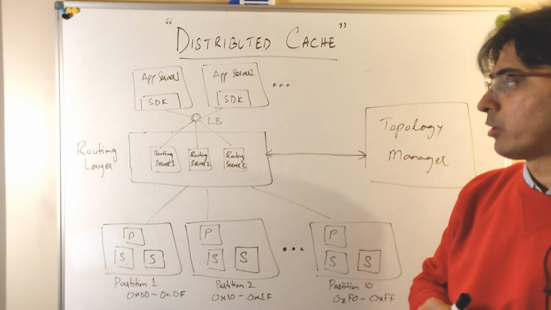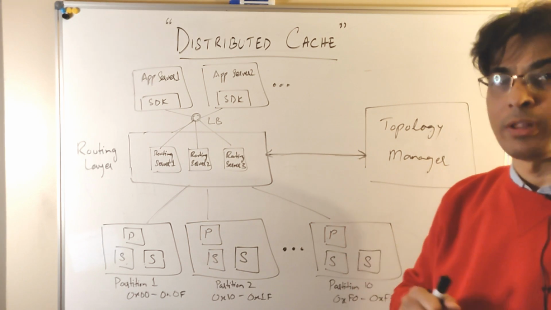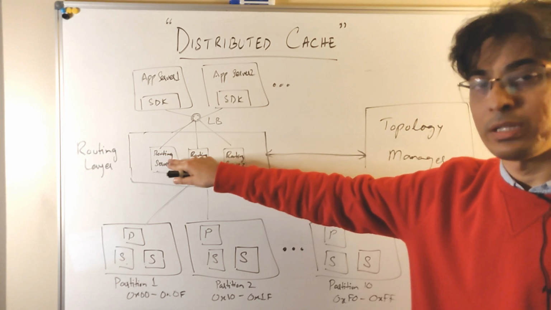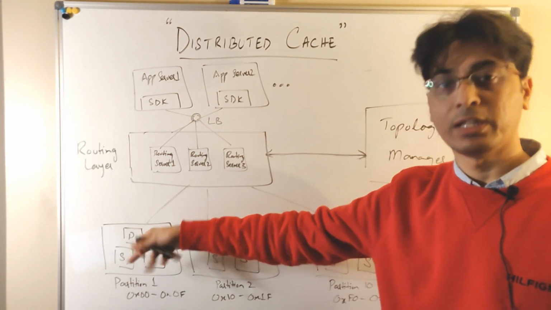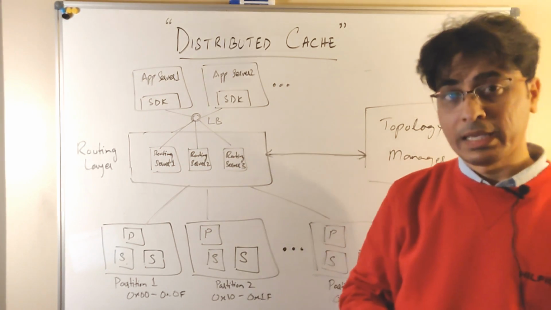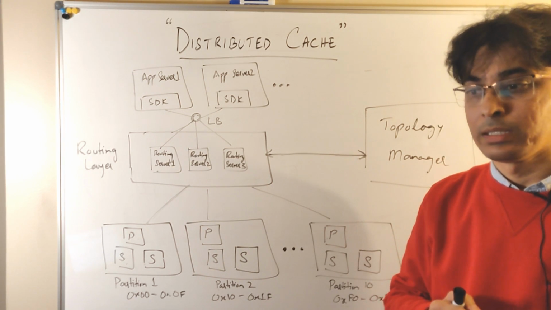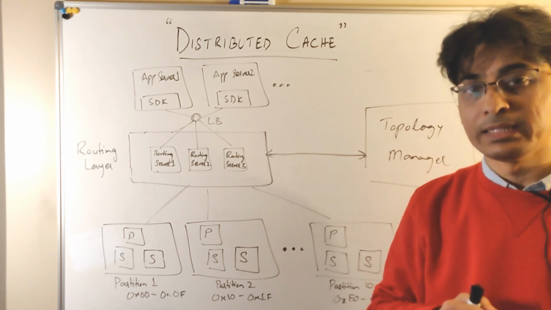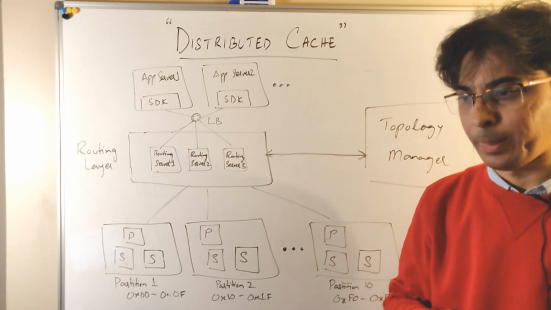Based on the topology, the routing server will know to which partition it needs to write, and it will also know what the primary replica of that partition is. So the routing server will redirect the insert call to that primary replica of the partition. In case of read, the routing server first determines which partition to read from based on the key, and then sends the read request to 2 replicas in that partition.